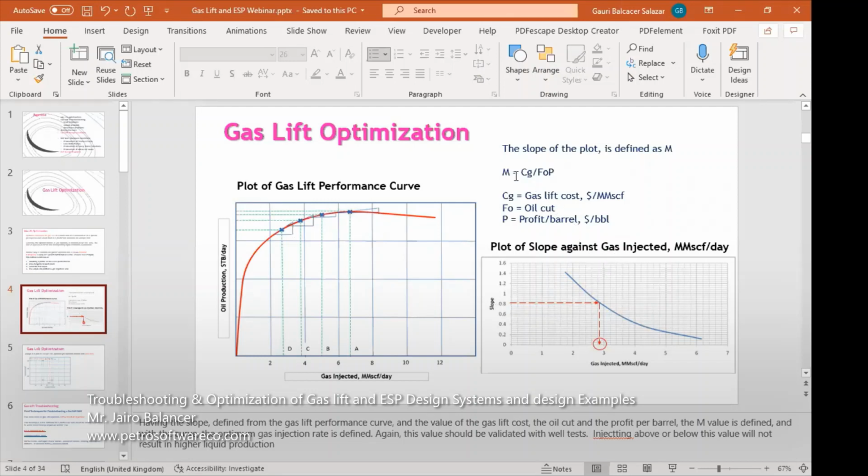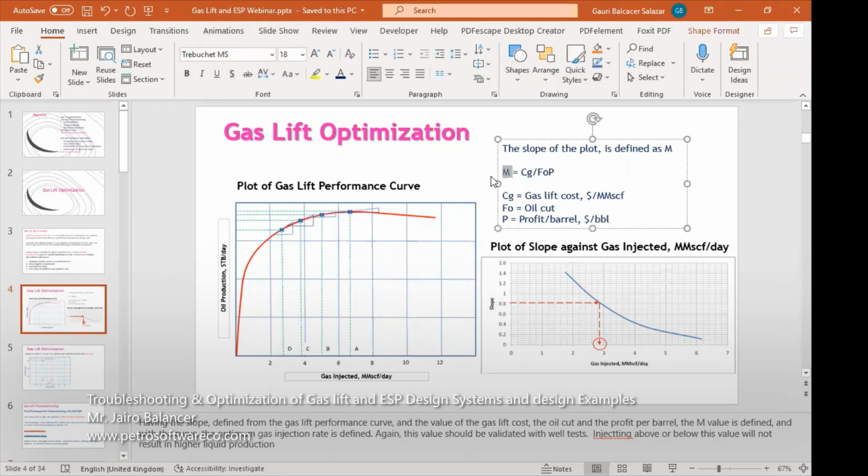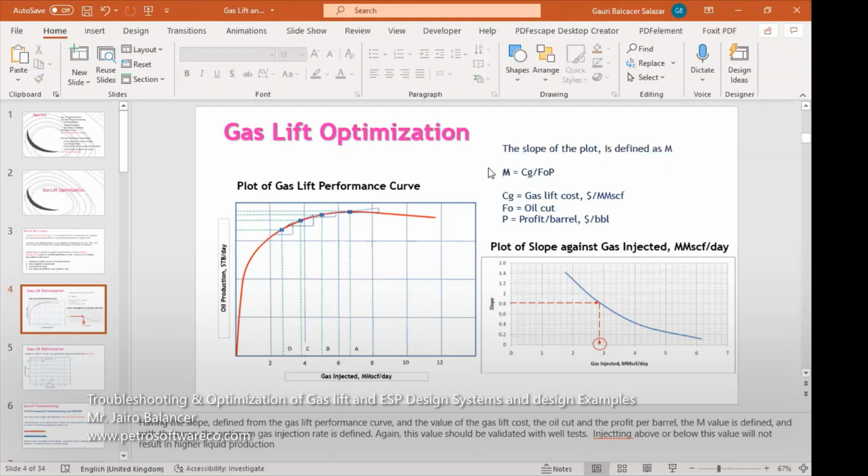Here we have the M definition, which is the slope: the amount the gas lift costs in dollars per million standard cubic feet, the oil cut, which is FO, and P is the profit, meaning how many dollars we get from each barrel.